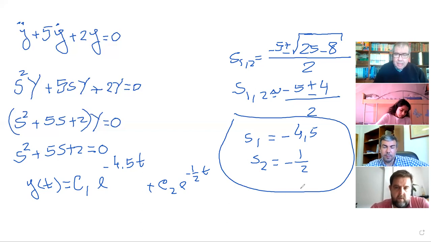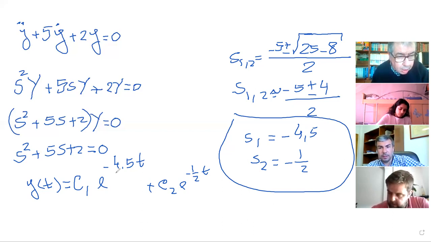Actually, in this case they don't have any imaginary part. It's just a real part. But both real parts are negative. You don't agree, José and Cave? No. So it always goes to 0 if S1 and S2 are negative.